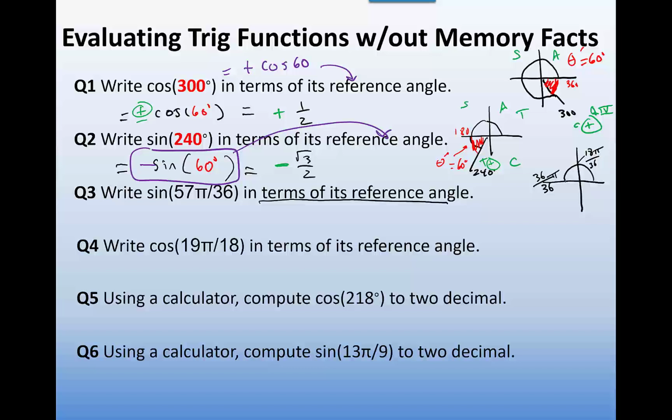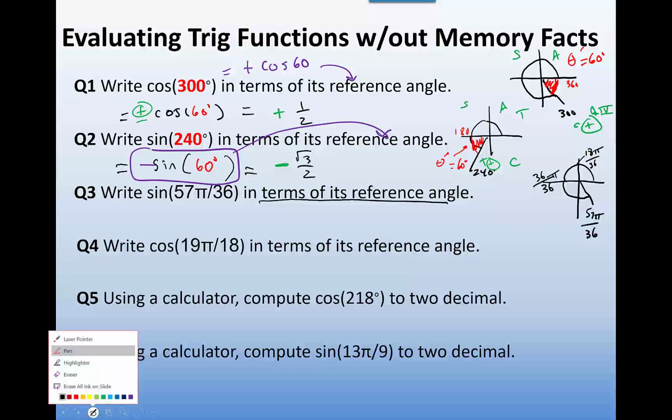So another quarter turn takes me to 54 pi over 36. And 54 is too small. I've got to go further. So that tells me I'm going into quadrant 4 now. I'm going to erase this because I know I went past. And I am over here, 57 pi over 36.